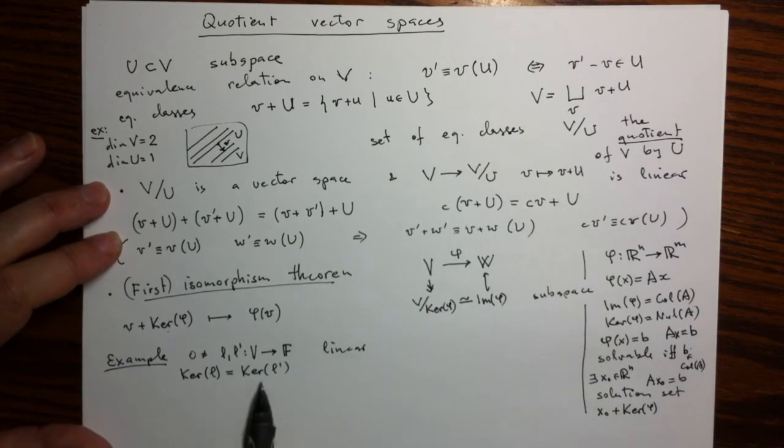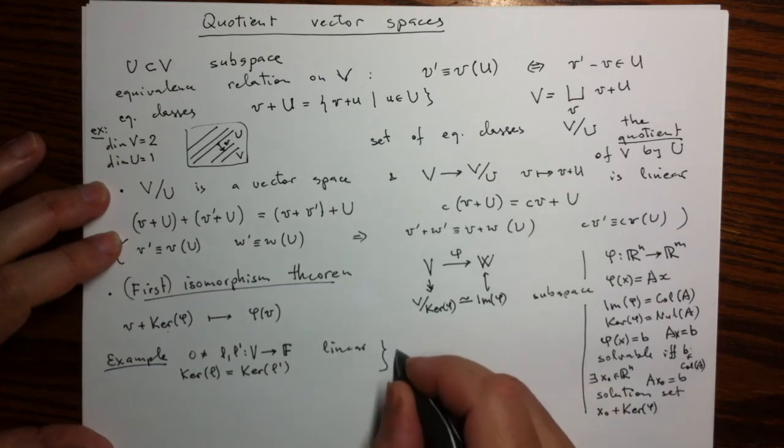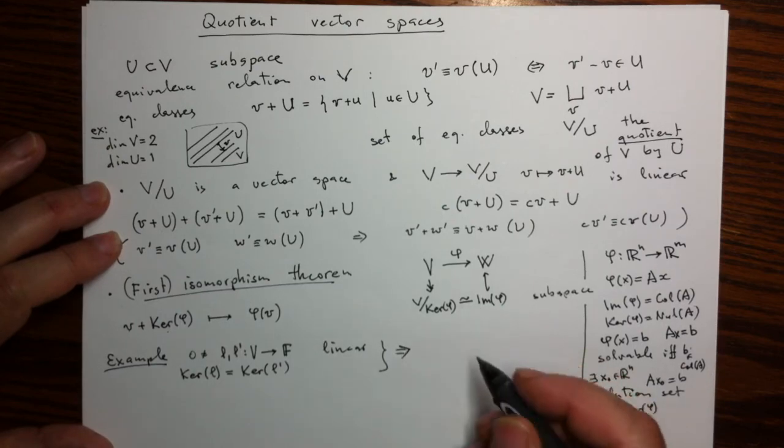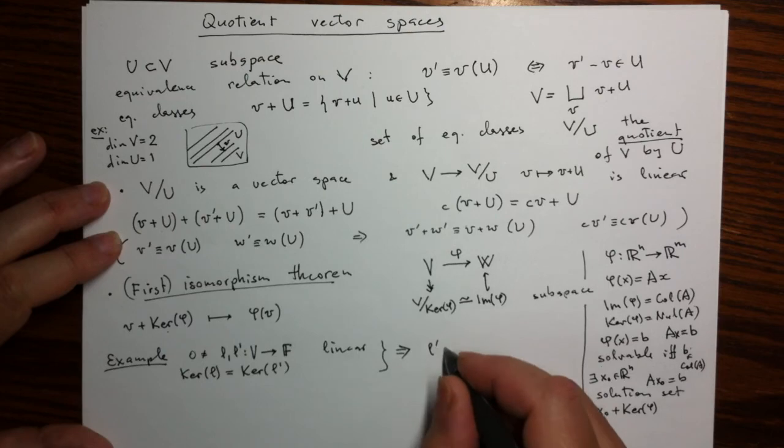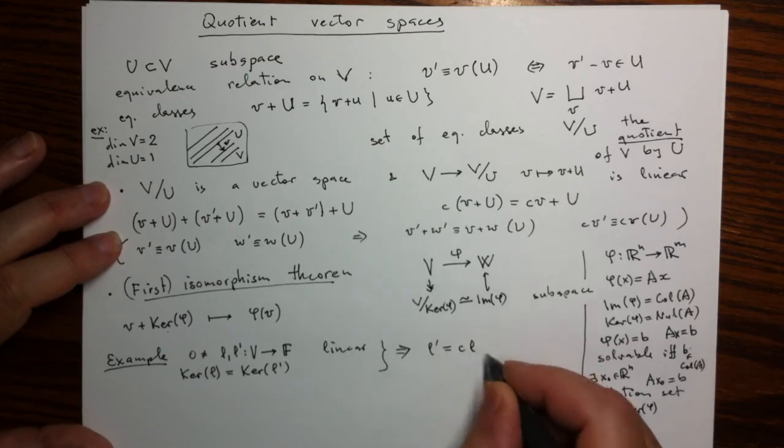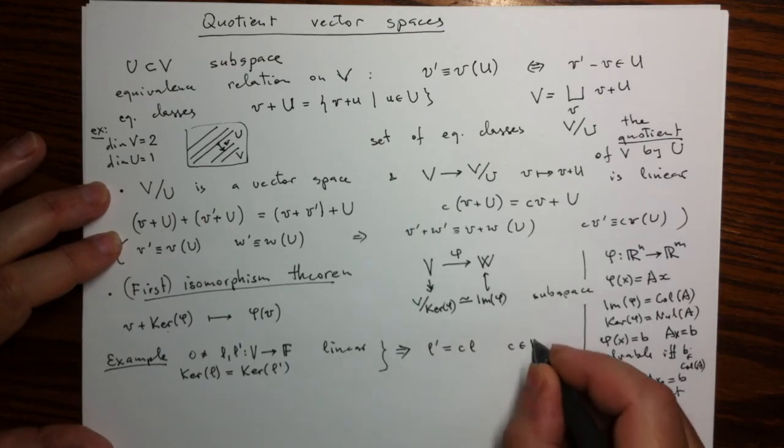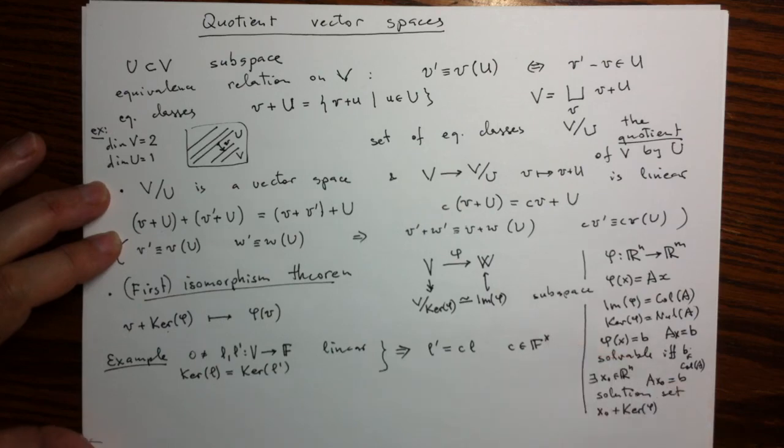So these are, for non-zero linear functions, codimension 1 subspaces of V, and we assume that they're the same. So under this assumption, we should always have the following relation, that the linear functions are proportional with some proportionality coefficient which has to be non-zero.